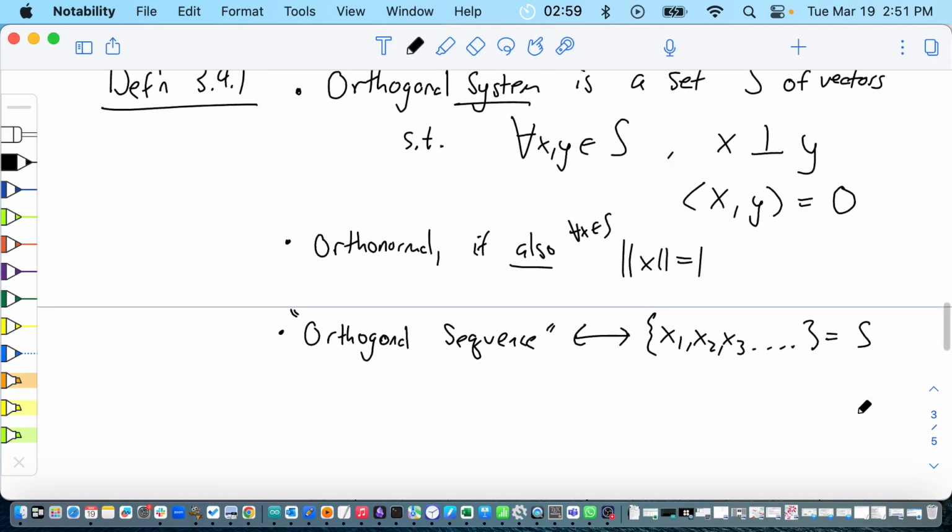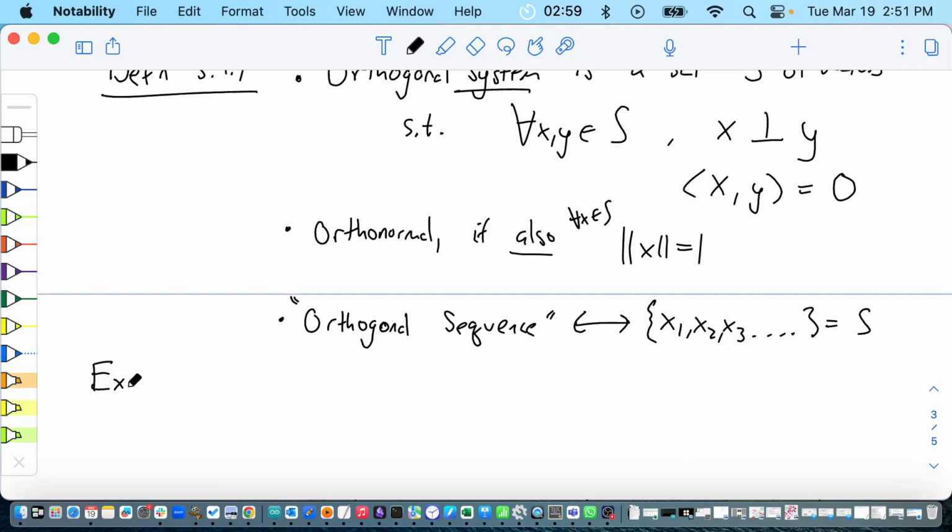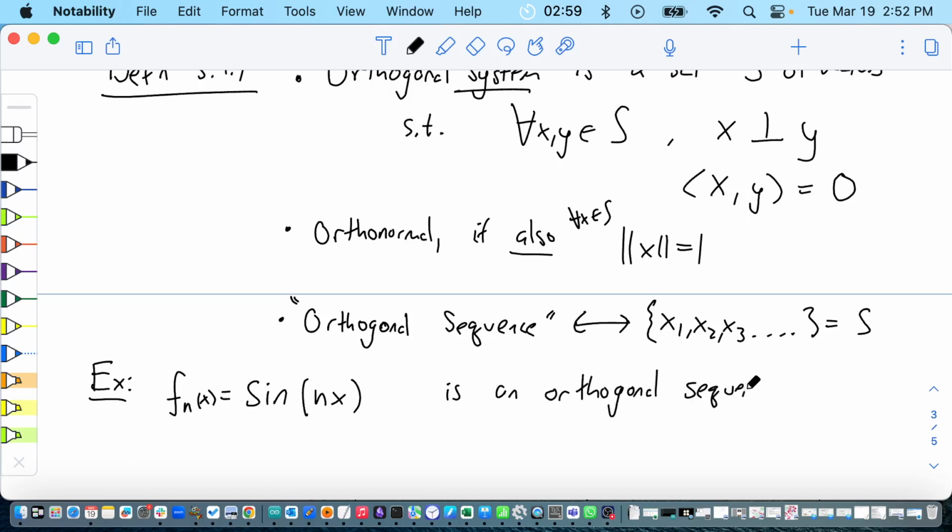And the example is the one we just did. The system sine of nx, let's call that fn of x, is an orthogonal sequence on L2 of minus pi to pi.